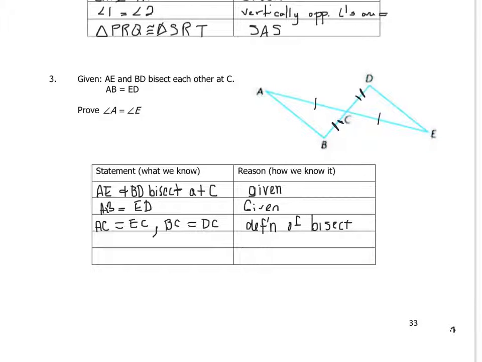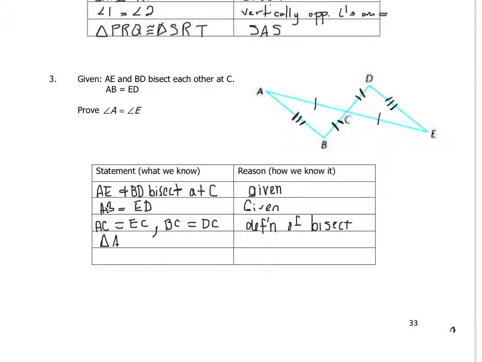And then we can mark in as well that we were given that AB and ED were equal to each other. So now we have two triangles congruent to each other, because of SSS information.